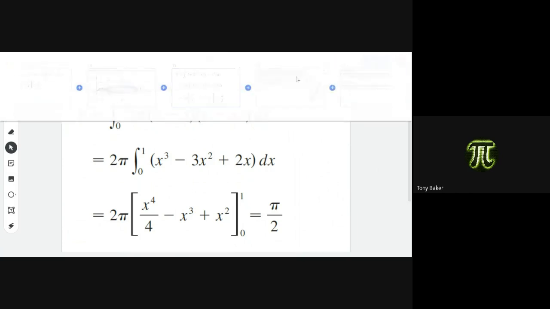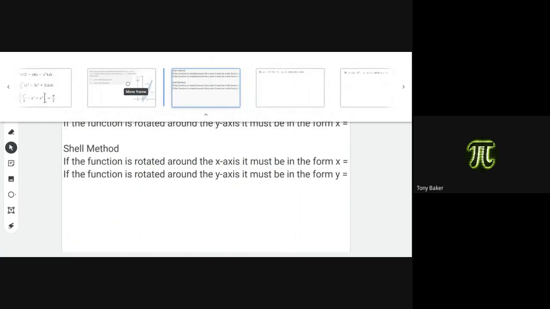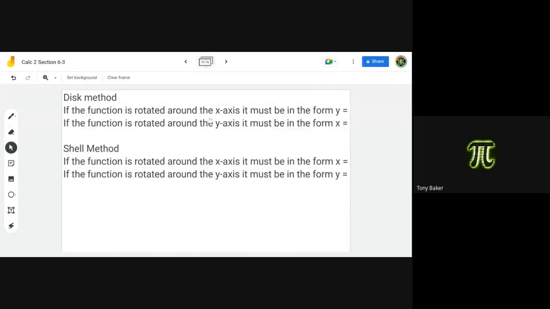All right, so now we would go to the slide of what I was just going to show you before, which is this method, which you already wrote down. So we're good there.